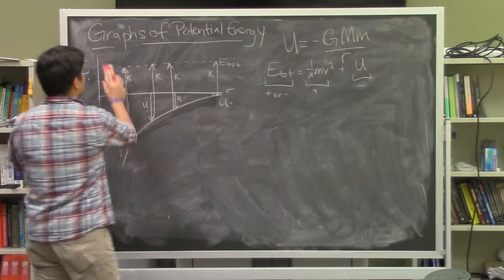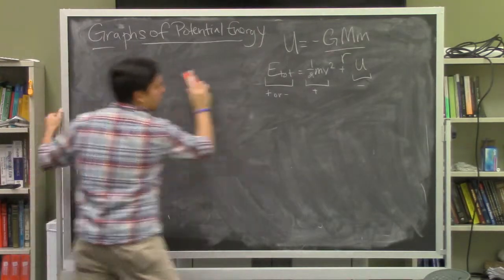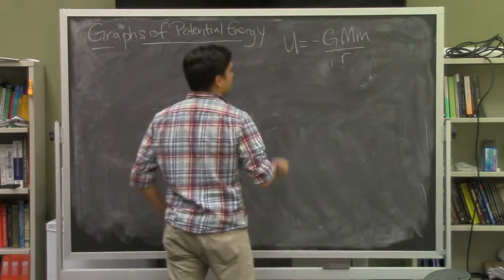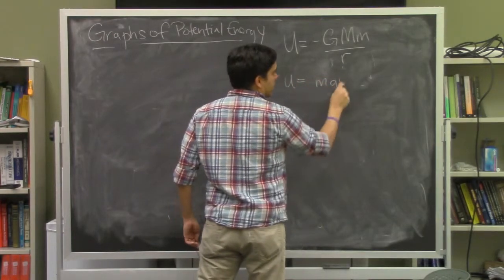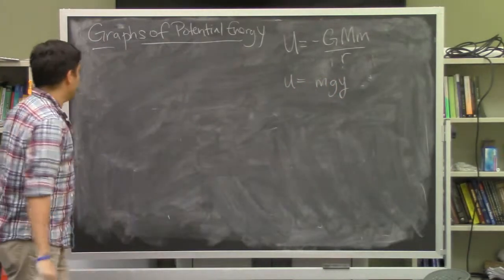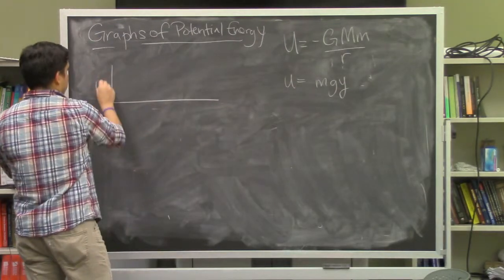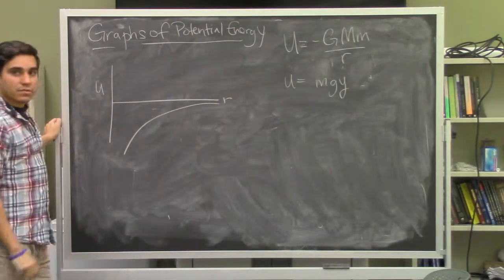The last thing to consider when you're drawing these graphs is why it is that for some restricted cases, we consider the potential energy to be something like mgy, which is what we've been doing in the past. And so if we draw that graph again of potential energy versus distance, we get some shape that looks like that.